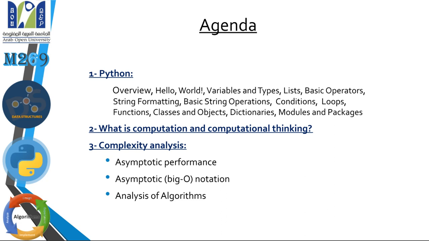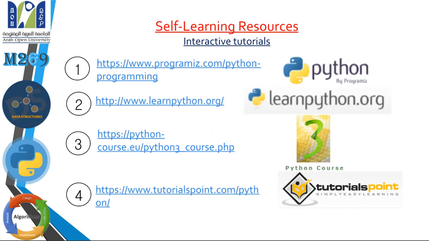For the second part, this is lecture 2. We should talk about Python and then computational thinking and computational problems, and then we'll talk about the complexity analysis using the asymptotic performance and the big O notation, and we talk about the analysis of the algorithms.